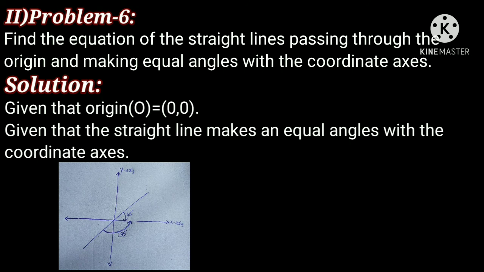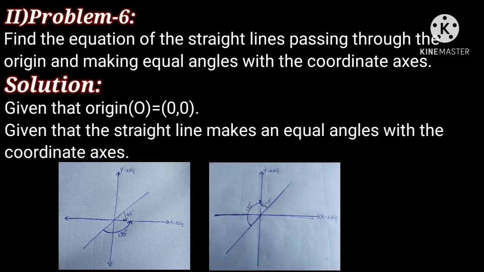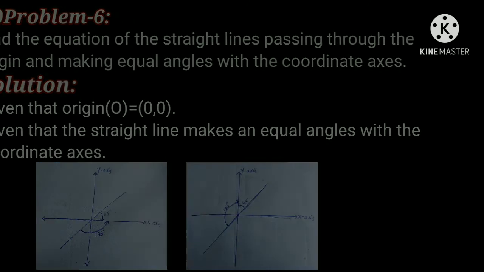Similarly, the required straight line makes 45 degrees in anti-clockwise direction with positive x-axis and makes 135 degrees in clockwise direction with positive y-axis. That means the required straight line makes 45 degrees and 135 degrees with the coordinate axis.